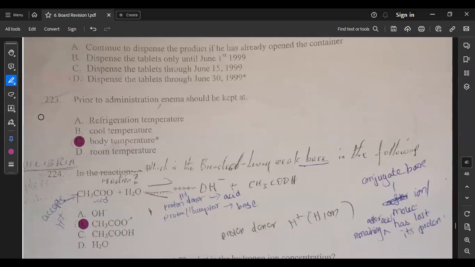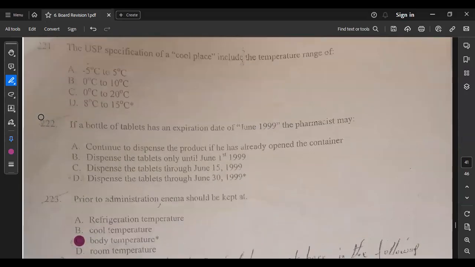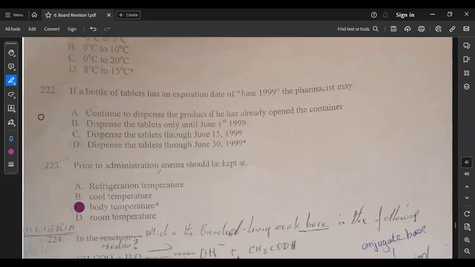The question asks prior to administration. According to me, it's room temperature.